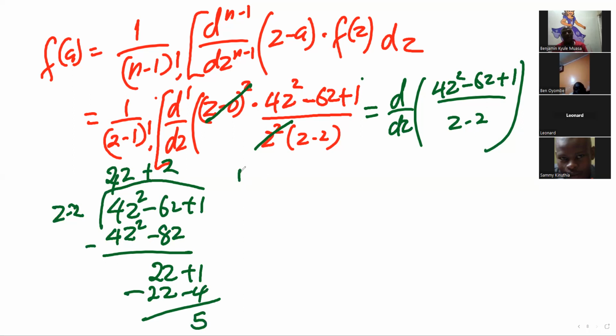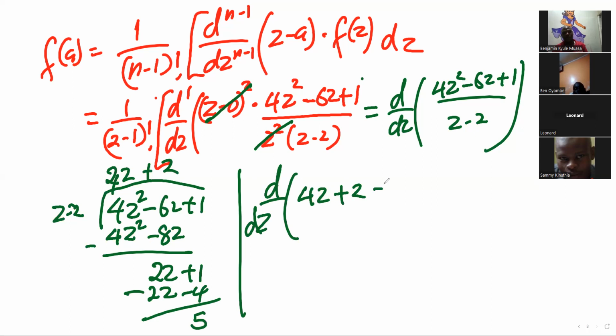So now you're going to have d over dz of 4z plus 2 plus 5 out of z minus 2. The differentiation of 4z is 4. Differentiation of a constant is 0.